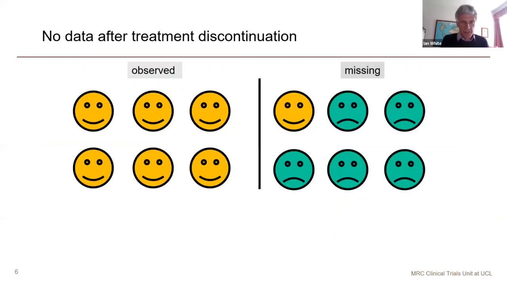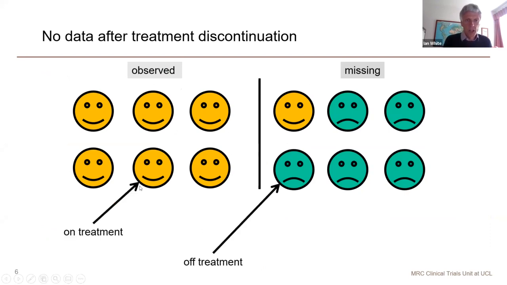Here's a picture that sets out what the problem is. We've got some orange-faced people, the smiley face denotes they are on treatment, and some unhappy green-faced people who are off treatment. This is the situation where all the green faces, all the off-treatment people, have missing data. There may also be some missing data amongst the on-treatment people.